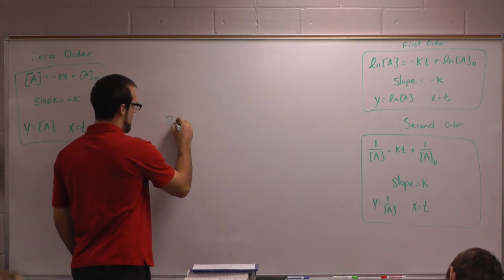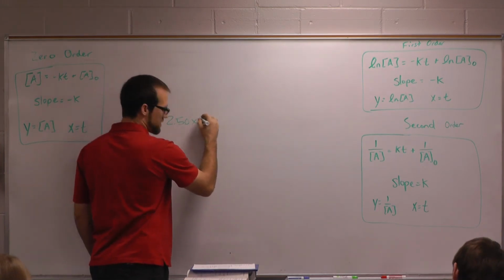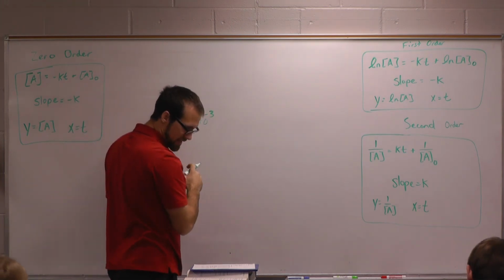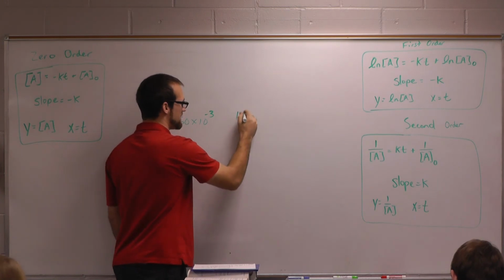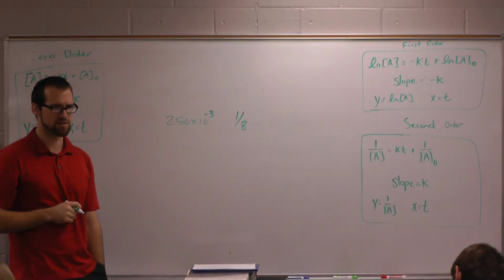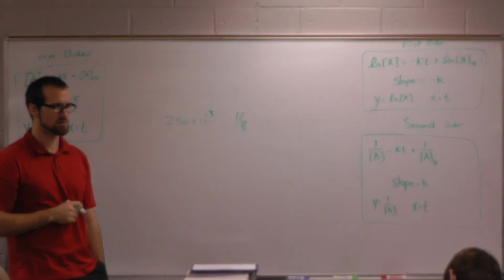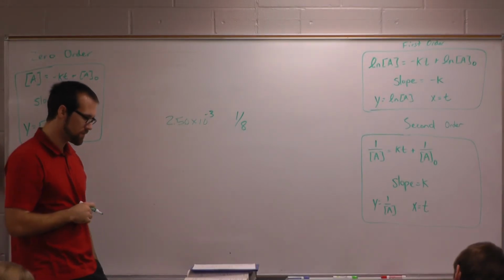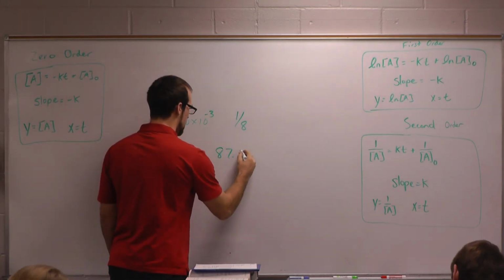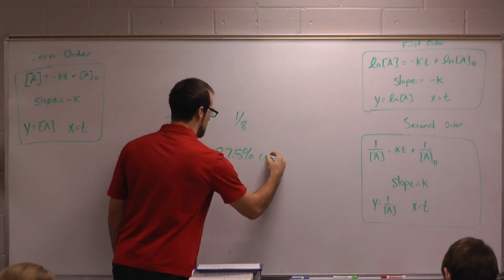Alright, so in C it says that this is a certain concentration, and this is 1/8 of the initial concentration, I think is what it says in C. Something along those lines. So 1/8 as a percentage would be 87.5% complete.